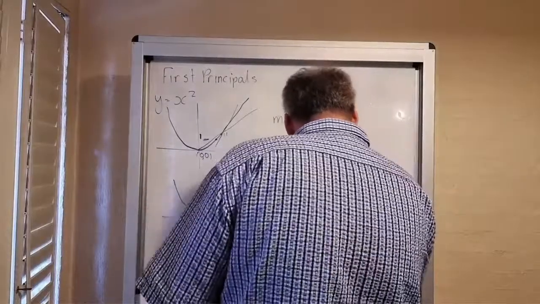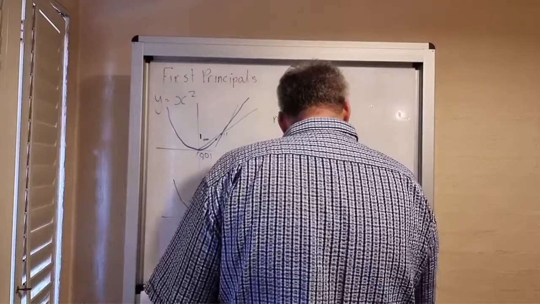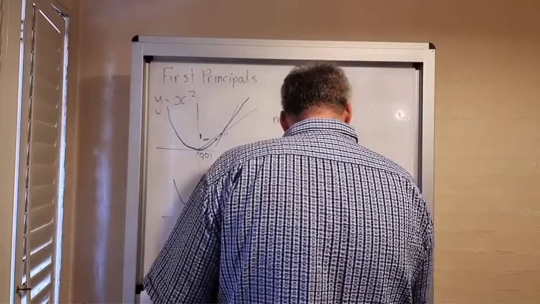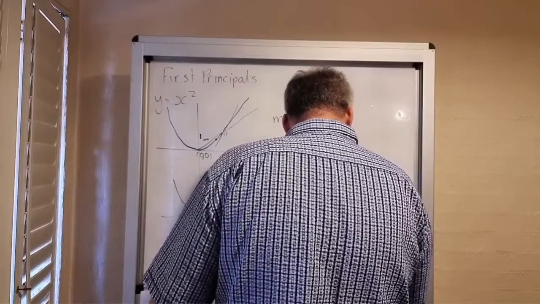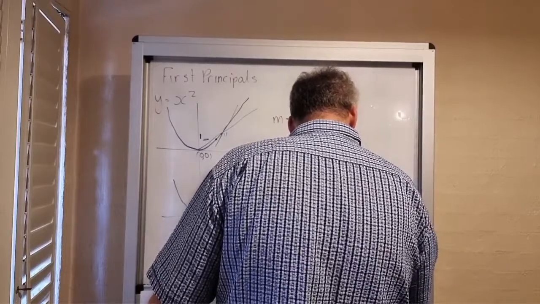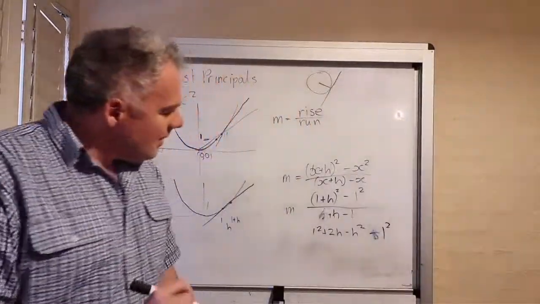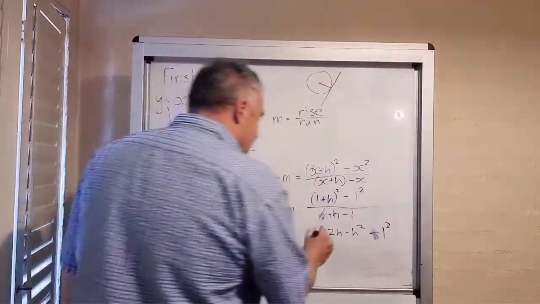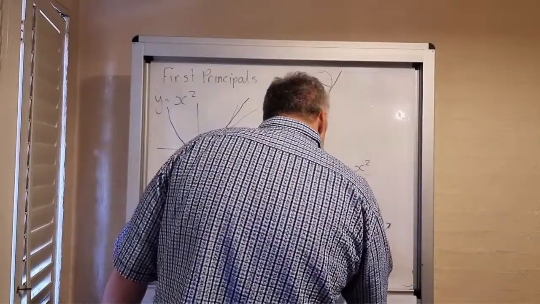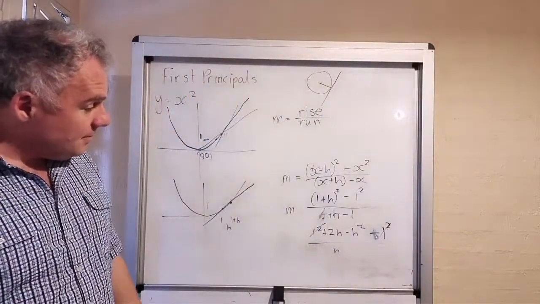And we're left with 1 squared plus 2h plus h squared minus 1 squared. Okay? Now, these two cancel, and we're left with 2h plus h squared over h. Okay?